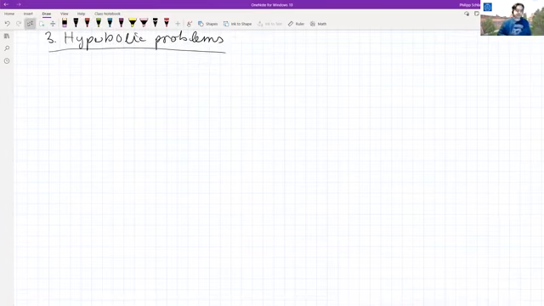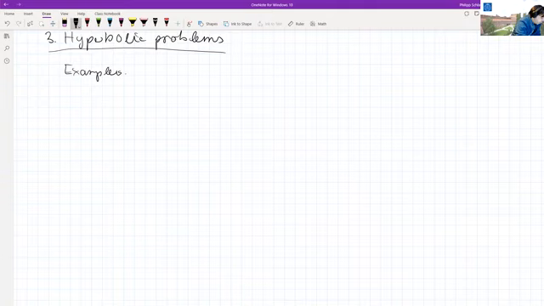Okay, but then let's start with hyperbolic problems. So typical examples of hyperbolic problems are essentially problems where you have advection processes. So you have a quantity that moves in both space and time.